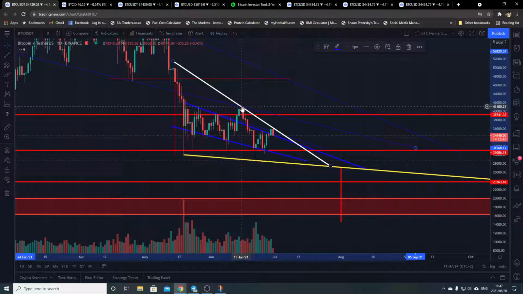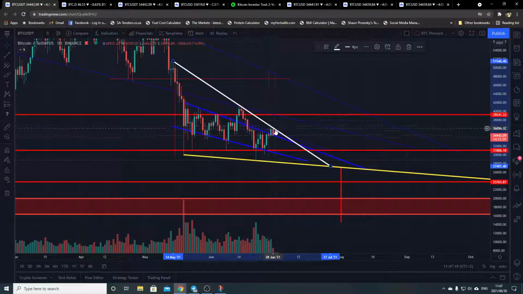At the same exact point, we've got this resistance coming down. We try to break through, we touched 1, 2, and now we broke down. So there is major resistance in this downward sloping resistance line at the moment.